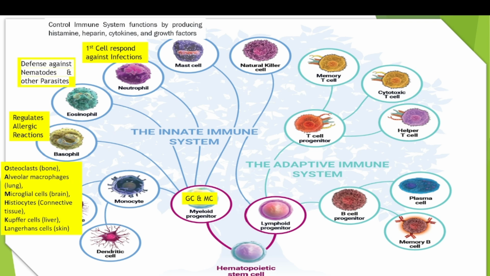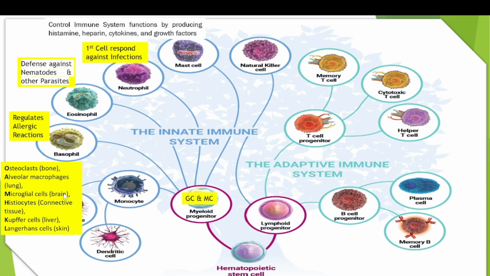If you take macrophages, the macrophages travel through blood and settle in particular tissues, and different names are given. For example, if macrophages settle in the bone, then those macrophages are called osteoclasts. Some macrophages settle in the lung, and those are called alveolar macrophages.